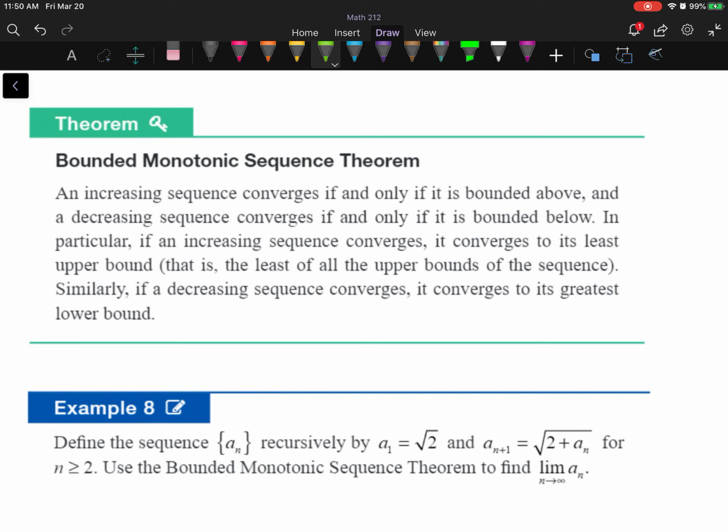These two properties together give us some important criteria to say whether or not a sequence will converge, even if we don't exactly know what value the sequence will converge to. As long as we can be confident that we have an upper bound for an increasing sequence, or a lower bound for a decreasing sequence, we can confidently say that we converge.